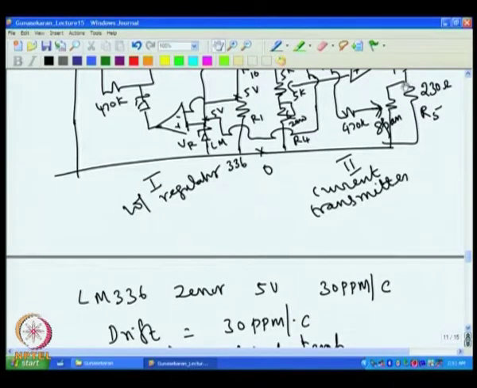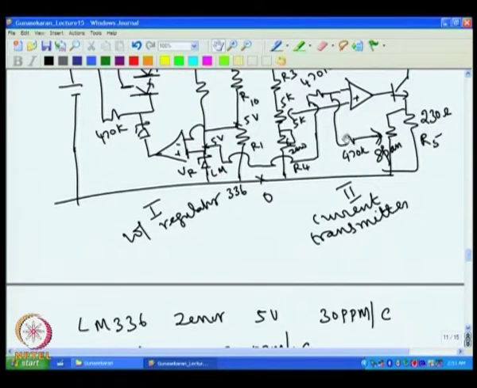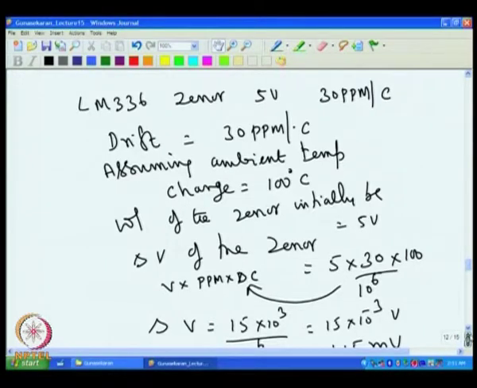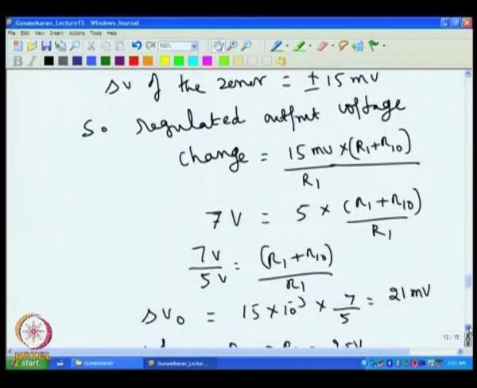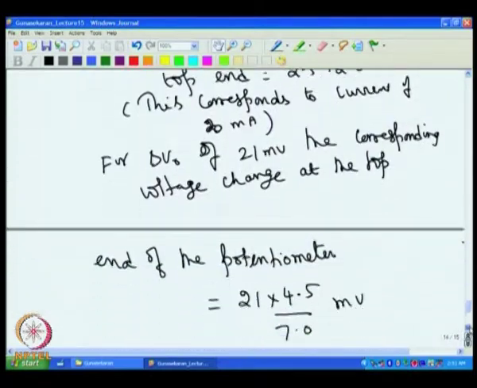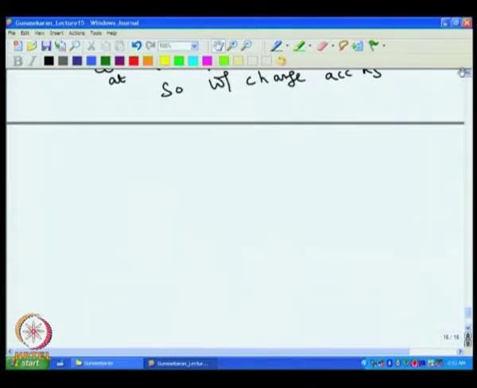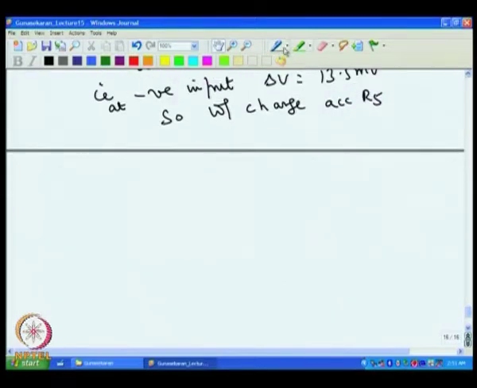So at this point, what is the expected voltage change? That will be twice, because this voltage is divided by a factor of 2. So voltage change across R5 will be twice the value. Voltage change across R5 will be 2 into 13.5, that is equal to 27 millivolt.